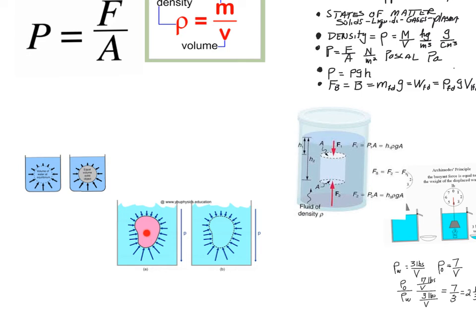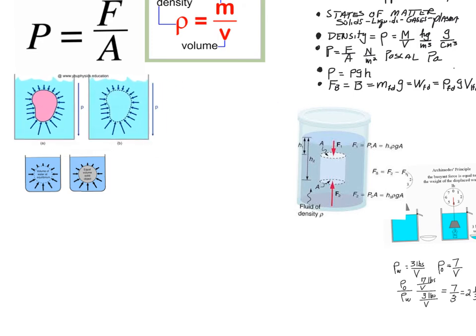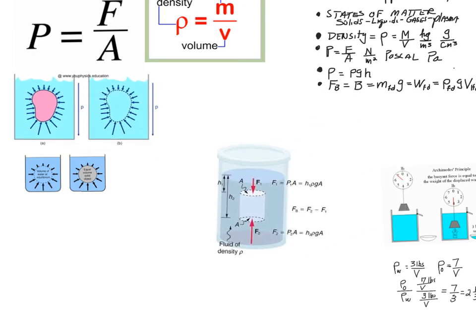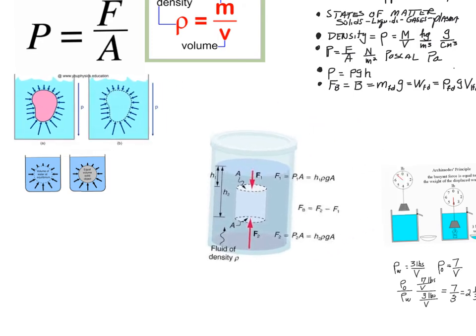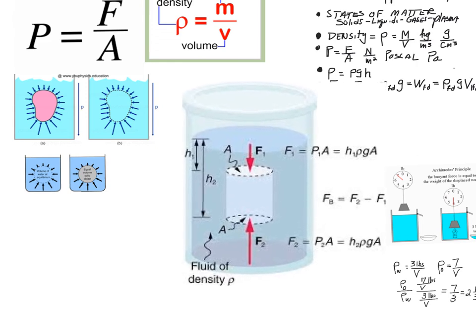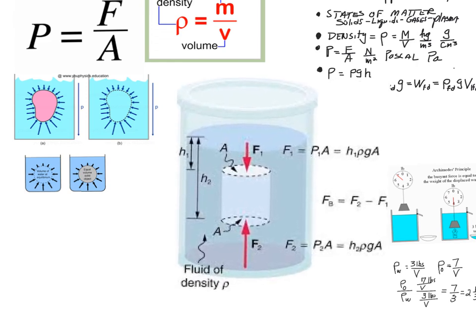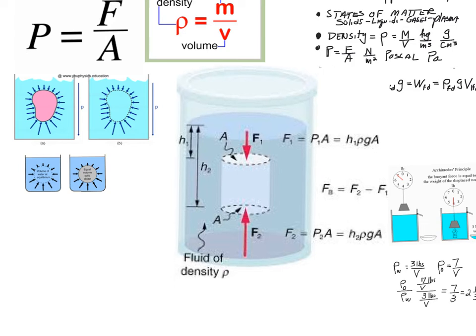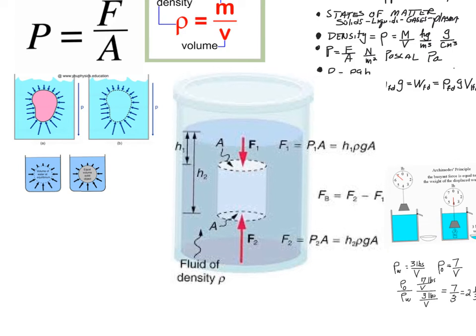And so there's a net upward pressure and a net force, and that's what causes the buoyant force. And we can see that in a more diagrammatic way here. And we could actually calculate this. In fact, one of the problems in the assignment will walk you through this.